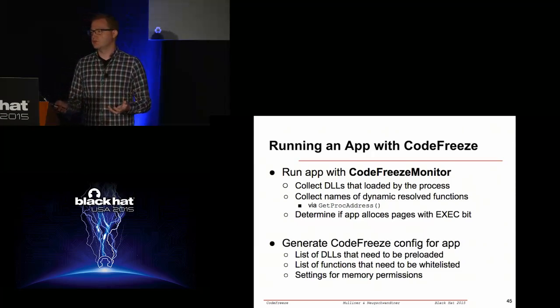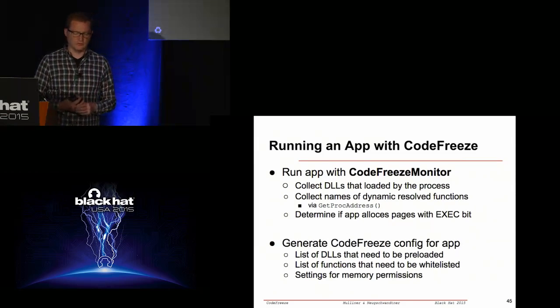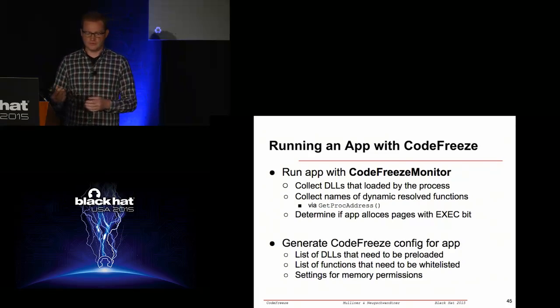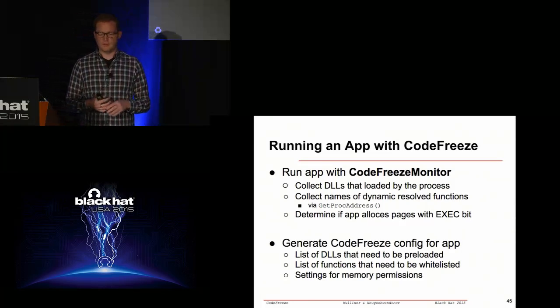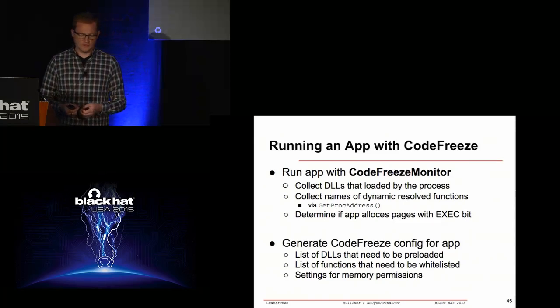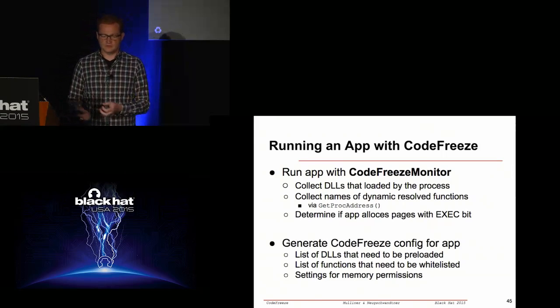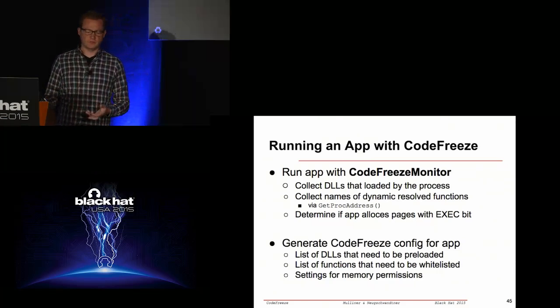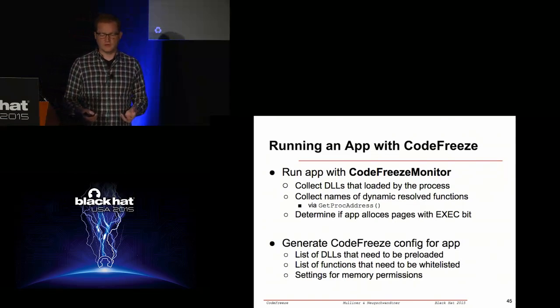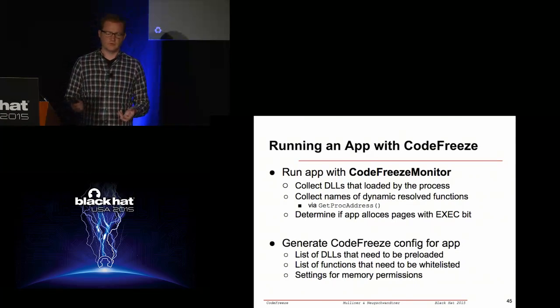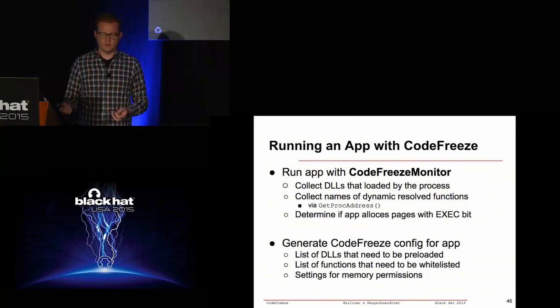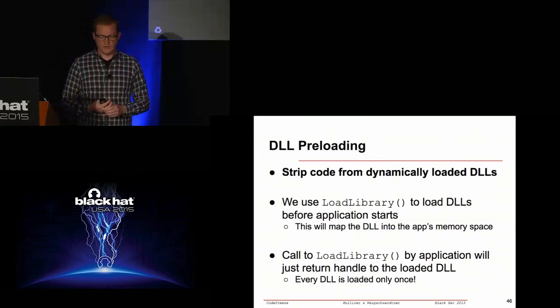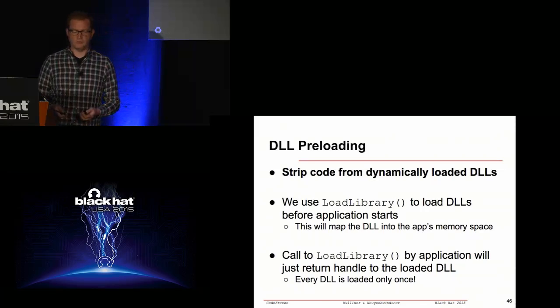And it will also check if the application ever allocates memory pages that are executable or changes some pages, so basically any modification of executable memory pages. And after the end of this monitor run, this generates a configuration for the application, basically a list of DLLs that need to be preloaded, and a list of functions that are going to be whitelisted. For example, every function that's called via GetProcAddress needs to be whitelisted. And the settings for the memory permission enforcement.